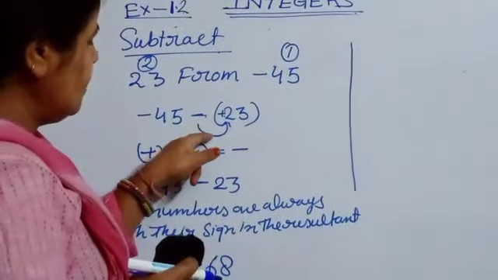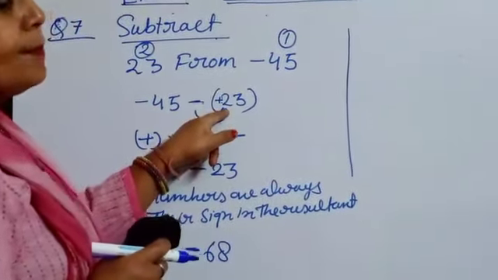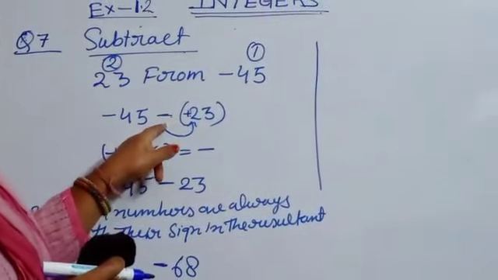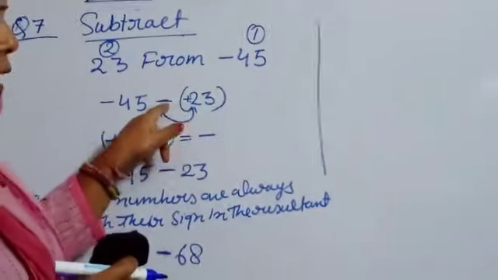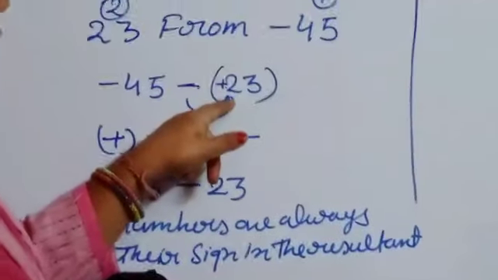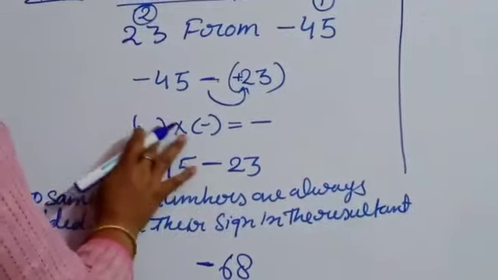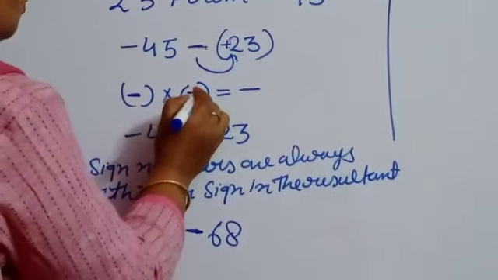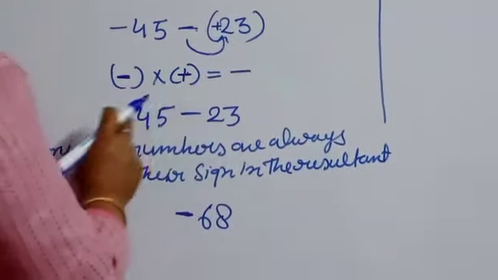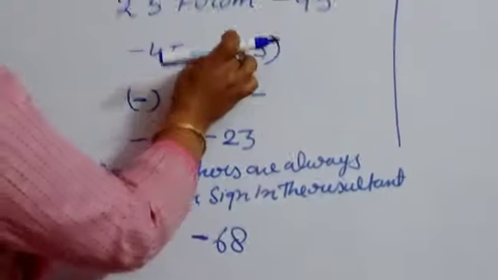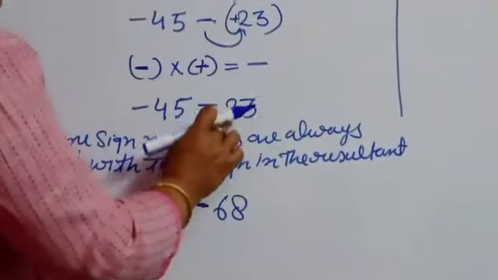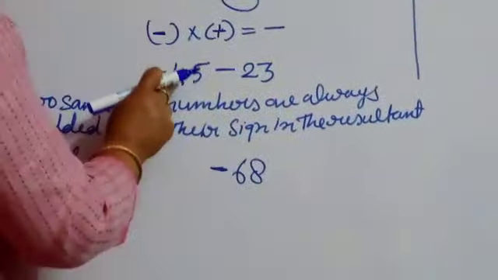Now apply the rules of multiplication for opening the brackets. How are we opening the brackets when two signs are together? Plus here, first sign is minus, so you will put minus. Minus into plus is always minus. So in place of these two signs, now minus will come, and this is 23 and this will be minus 45.